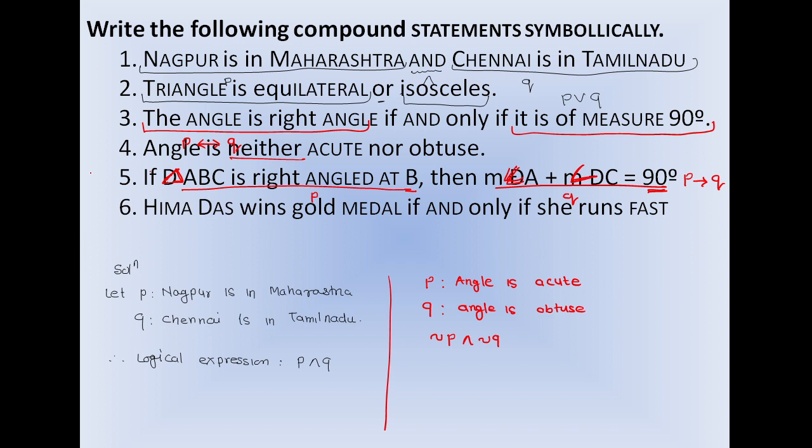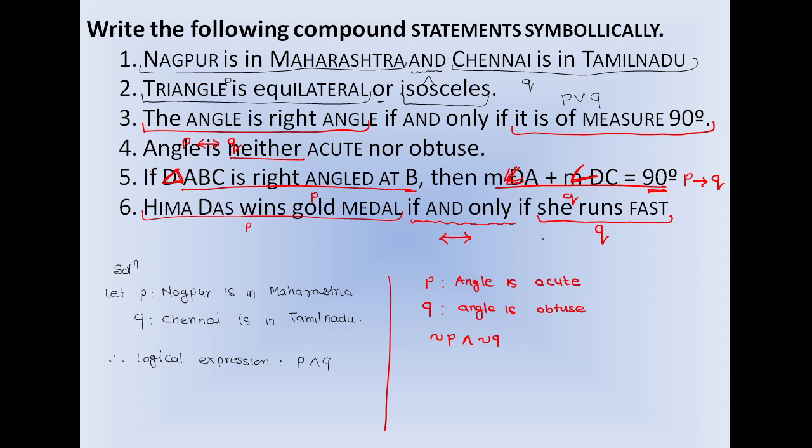Let's go for another example. Hima Das wins gold medal if and only if she runs fast. So what are the two different statements we are having over here? First one, Hima Das wins gold medal, is your first statement, that is P. Hima Das runs fast is the second statement, that is Q. And they are connected by the connective if and only if, which is represented with the double implication.